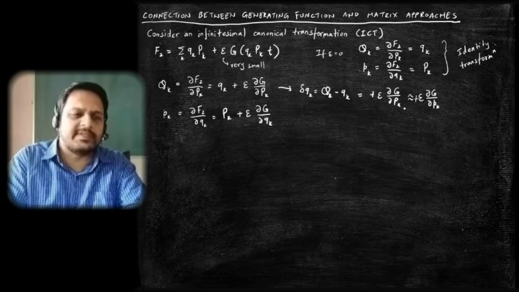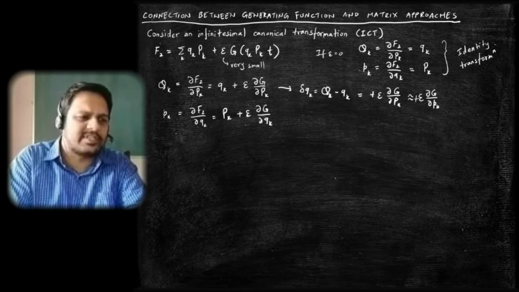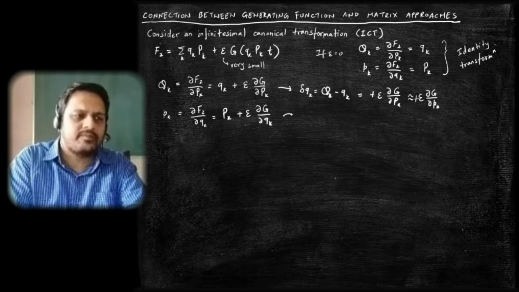This approximation is basically because capital P and small p are almost the same. They differ only by a very small amount.